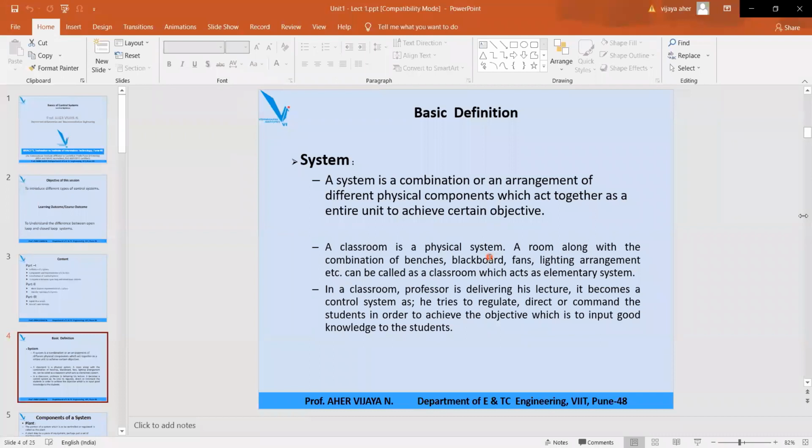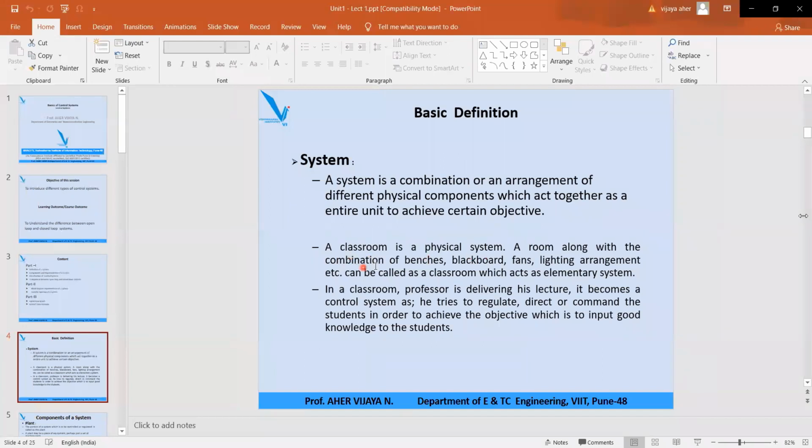In a classroom there are benches, a blackboard or green board, fans, lights, then curtains and windows. In addition, in a modern classroom, an LCD is there, then a white screen board, a whiteboard. All these are physical components of a classroom.